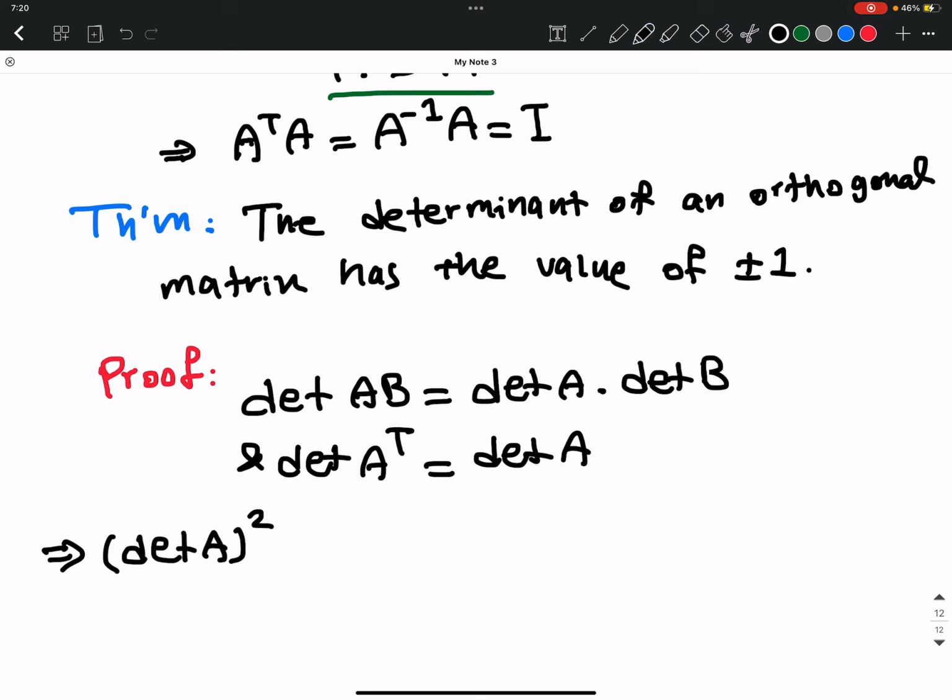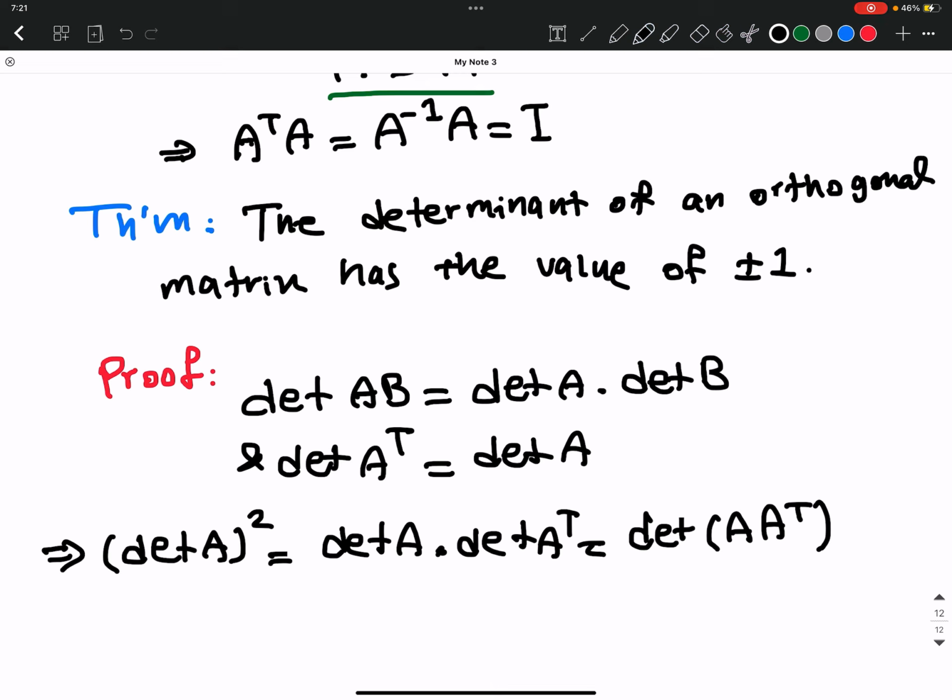So determinant A squared is determinant of A times determinant of A. Instead of the second determinant of A, I will write the determinant of A transpose, because it's equal to determinant of A. And using the first property, I can write this as determinant of A times B, if we assume B is A transpose, so determinant of A times A transpose.